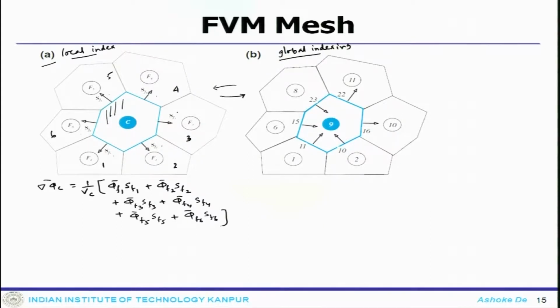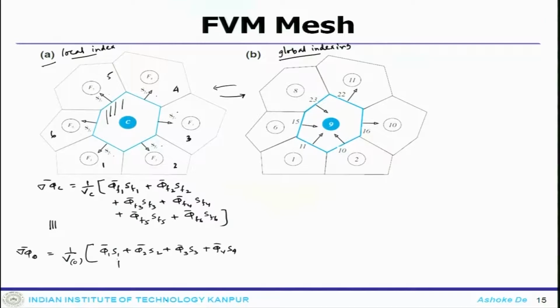So, one can write the other way around, this can be equivalently written as 1 by V0, phi 1 S1, phi 2 S2. So, that meaning is the same.